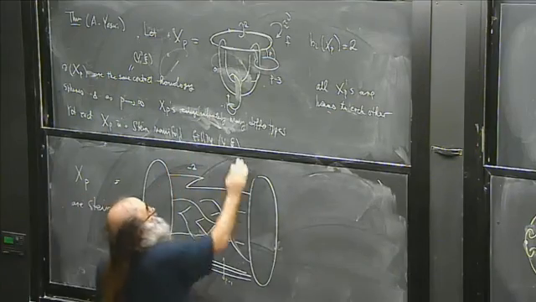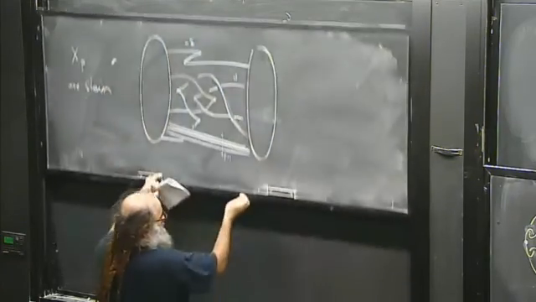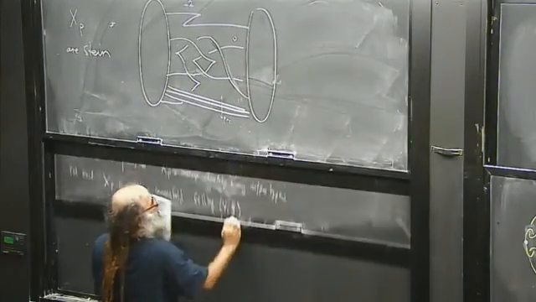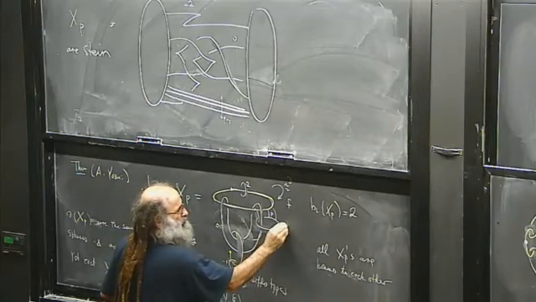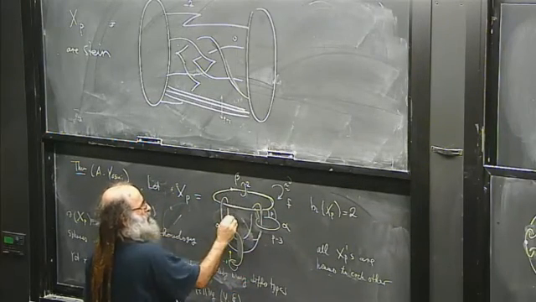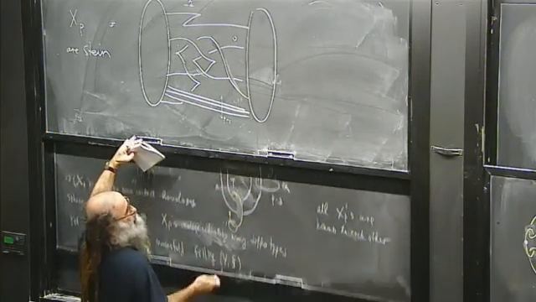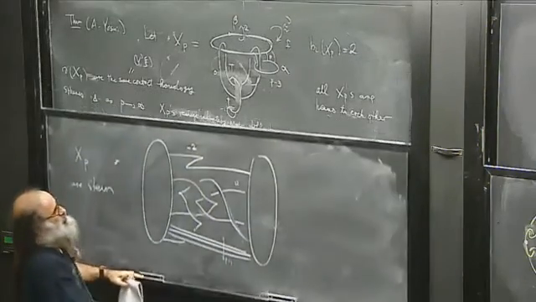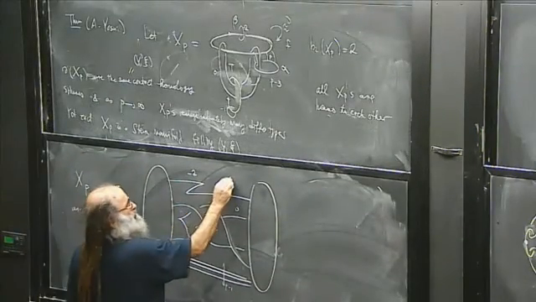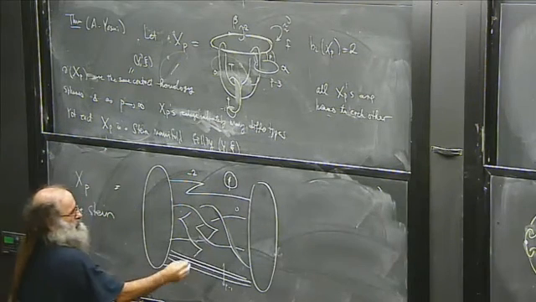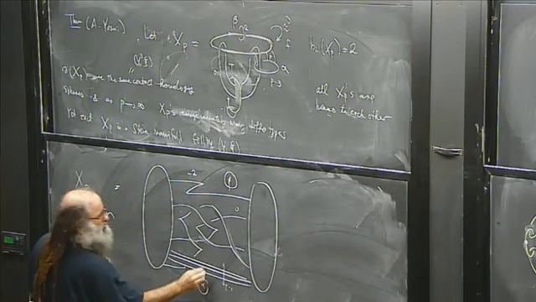Let's give names. Call this alpha curve. This is beta curve. This is T, torus curve. So that thing is a beta curve, and that's the alpha curve here, and this is a torus curve there.